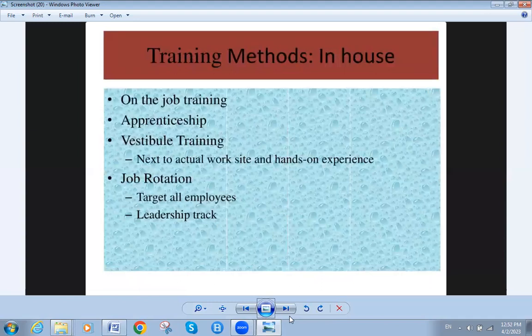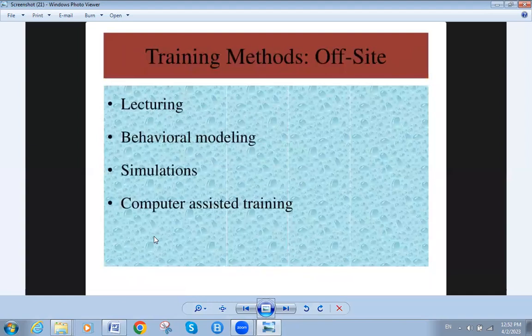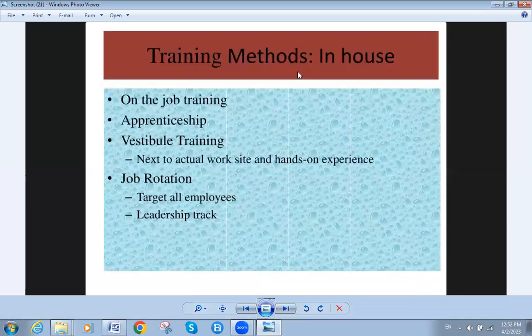We can divide them into indoor and outdoor training, or in-house and off-site. On-site includes on-the-job training, apprenticeship, which is the best and most effective of them, vestibule training, and job rotation.